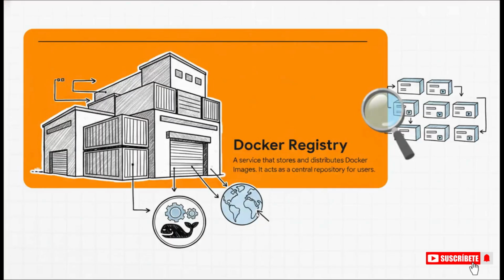Now, once you've created this perfect spice packet, this image, you need a place to put it, right? A place to store and share it. That's where a Docker registry comes into play. Think of it as a central warehouse for your images. It's kind of like GitHub, but instead of just storing your code, it stores the entire ready-to-run environment. The most popular public one is called Docker Hub.